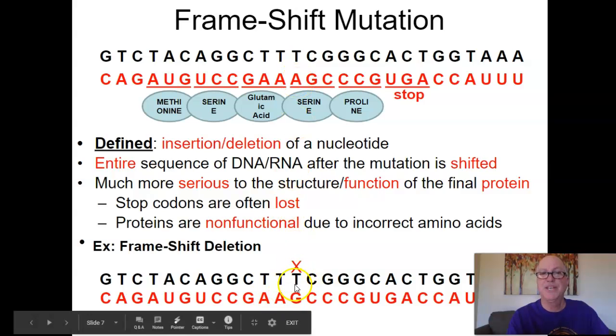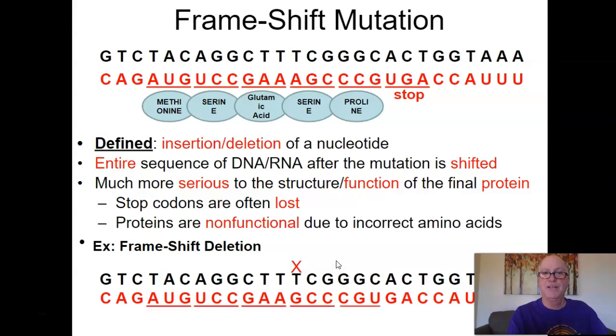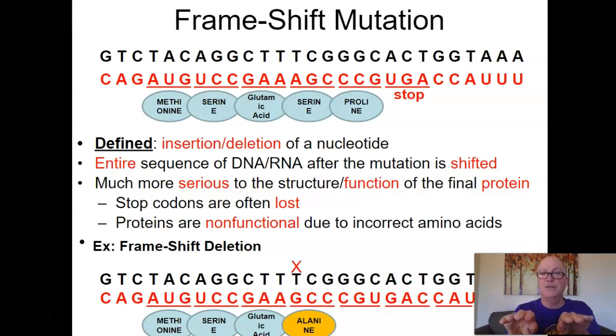So now the next base is C goes to G, G goes to C, G goes to C, and so forth. As a result, any amino acid past the one where the mutation is going to be wrong because you changed the reading code of 3 bases by 1 letter.